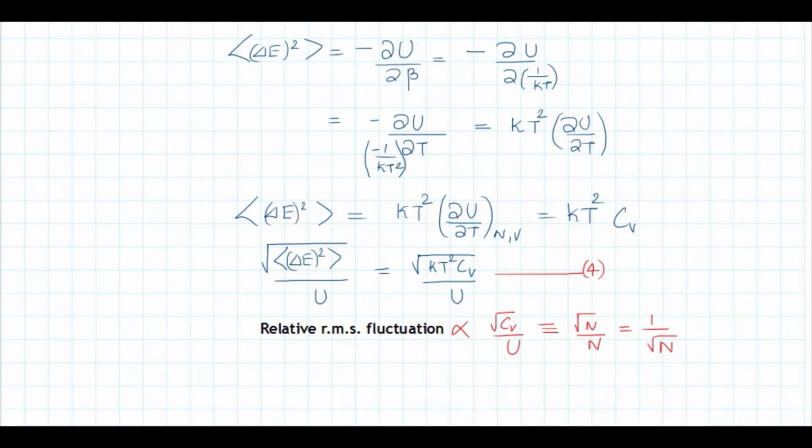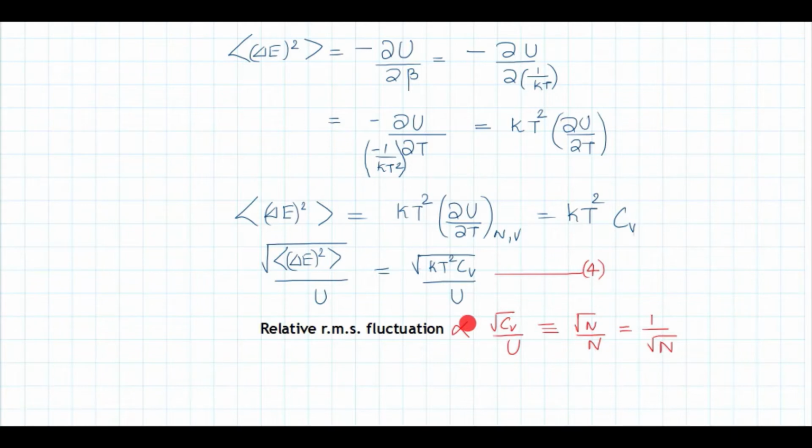So root mean square fluctuation: take a square root of this. Root mean square fluctuation is nothing but square root of kt square cv. If you take the relative root mean square fluctuation, that is root mean square fluctuation divided by the mean value of energy, that is known as relative root mean square fluctuation, equal to square root of kt square cv divided by u.